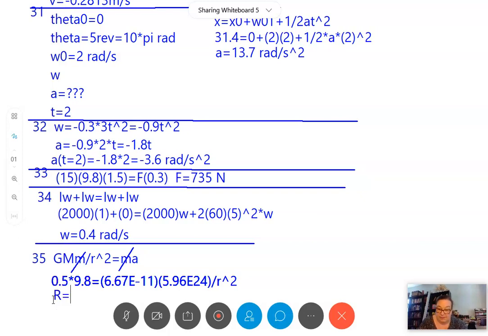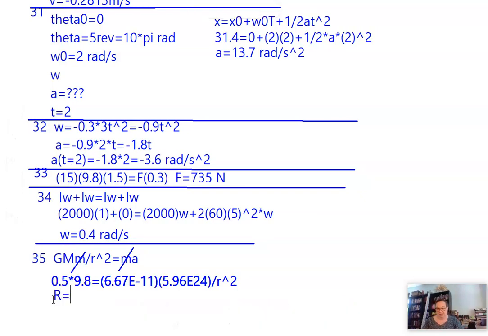So let's see. If we do that real quick, let's see what we get. 0.5 times 9.8 divided by 6.67 exponent negative 11 divided by 5.96 exponent 24, and then invert that, and then square root that.